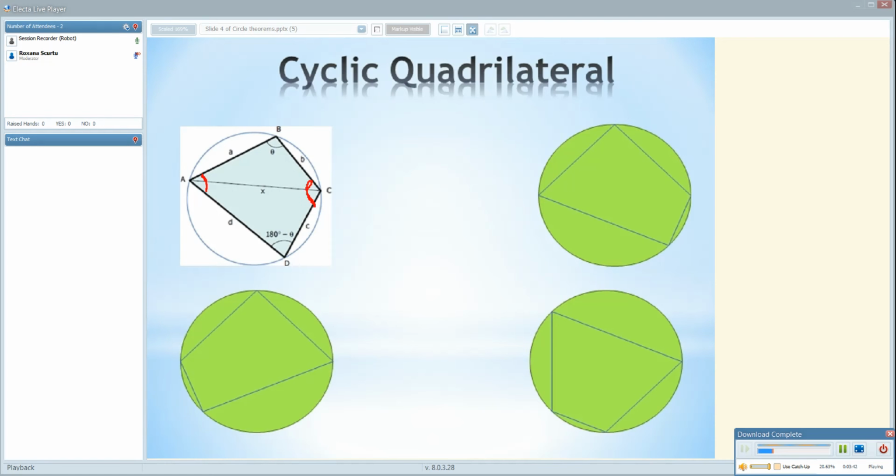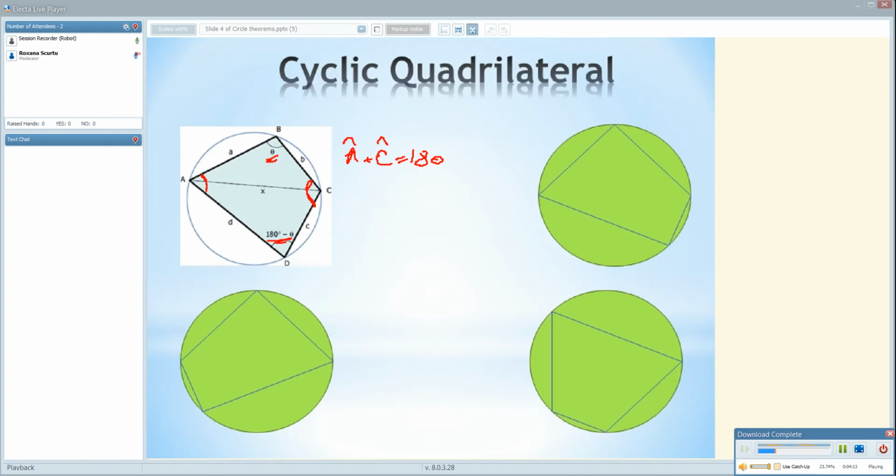Yeah, so angle A plus angle C are going to be 180 together. And as you can see here, it's 180 minus theta. Theta would be this one. So angle D is going to be 180 minus angle B, which is the same thing. It means these two angles added together are going to give 180.